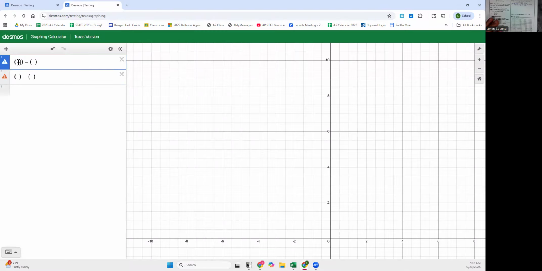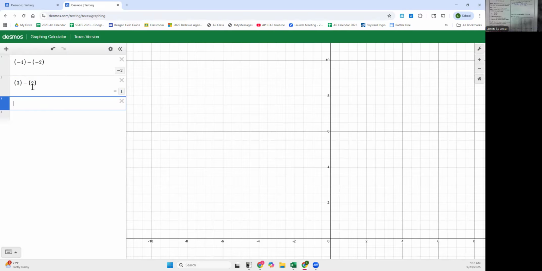We had -4, and then right here we had a -2. Then we had a 3, and then we have a -2. So we end up with -2 divided by 1, and we end up with a slope of -2. All right, now that we have our slope, we're going to drop back.